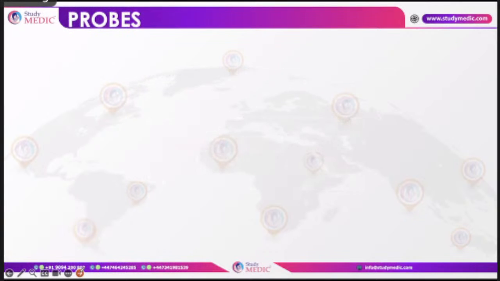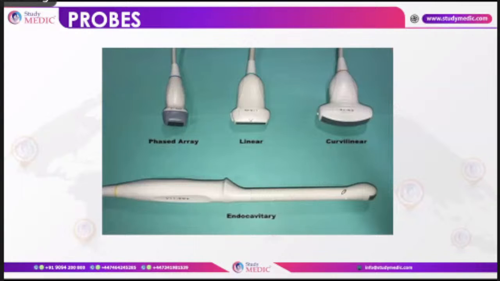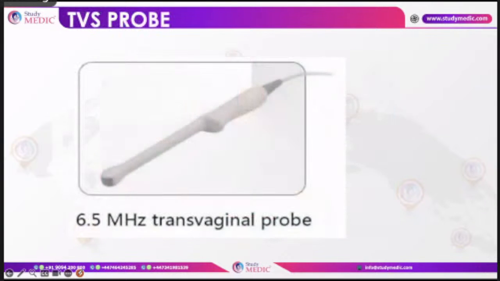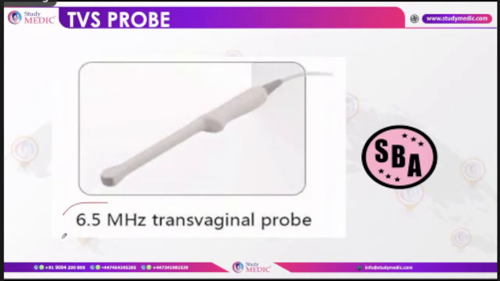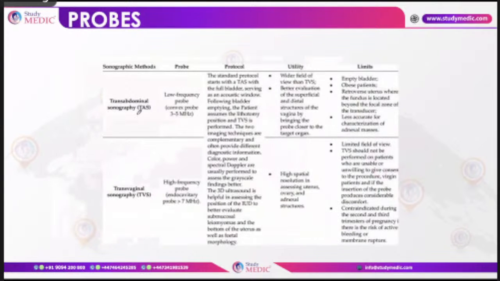Now, let's move to the probes. What are the different types of probes? Obviously, you all know these are transvaginal, curvilinear, linear, and phased array. You need to remember the frequency of the transvaginal probe because again, this is something they would ask as a single best answer. Transabdominal is a low frequency probe.